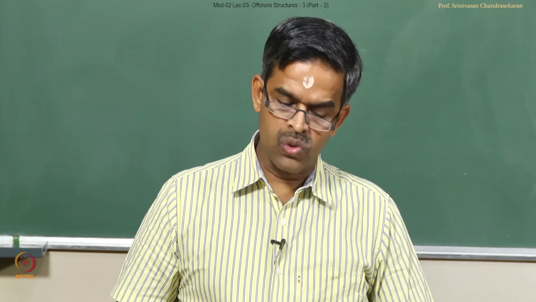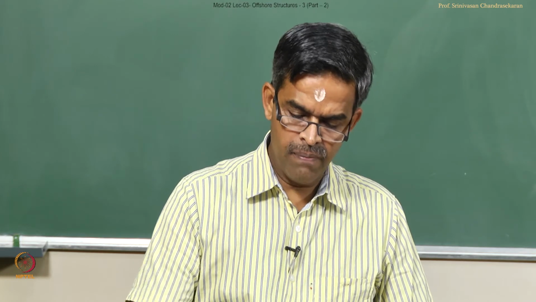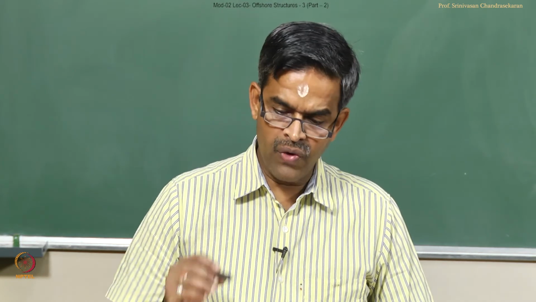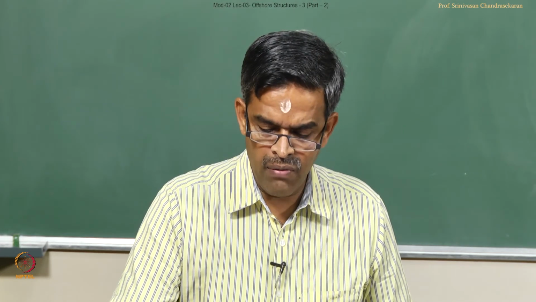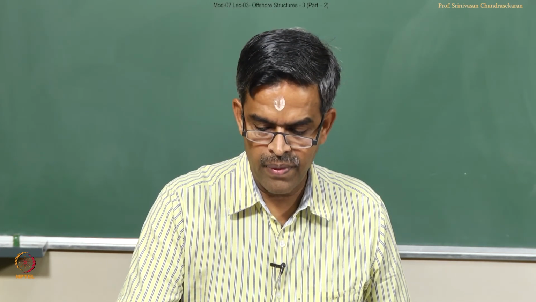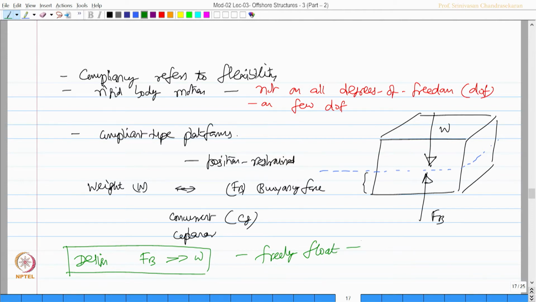So, what is the use of such kind of design philosophy? It is interesting, if you have a system whose buoyancy is much larger than the weight, the body will freely float. Once the body freely floats, it is easy to install the body. You do not require special type of cranes, etc. The body will freely float.